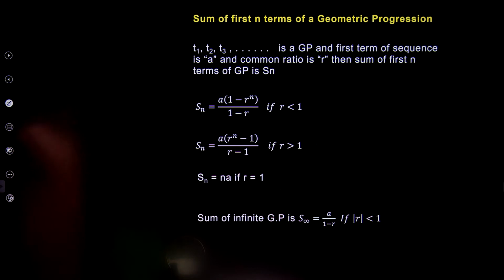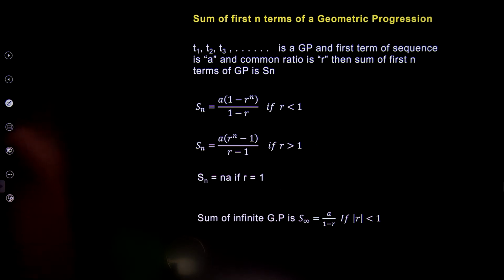These are all for infinite GP. The sum of infinite GP formula is S infinite equal to A by 1 minus R, for R less than 1.